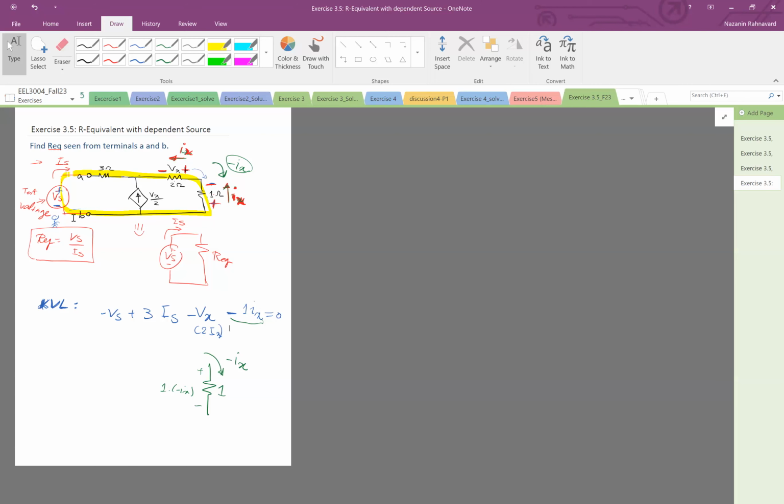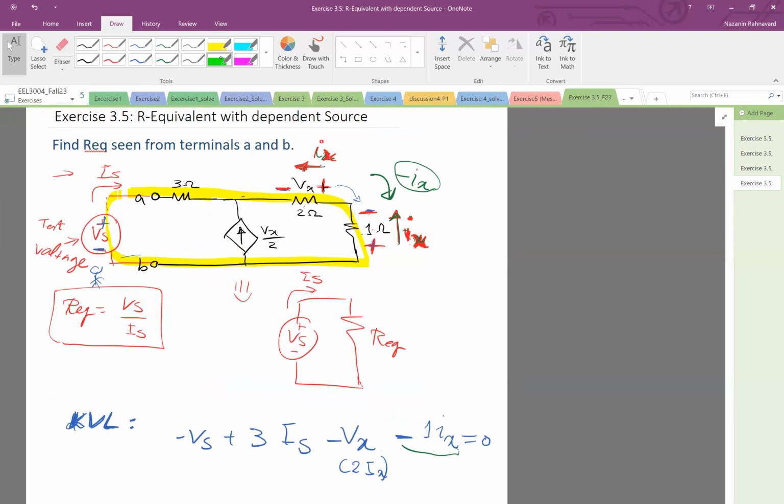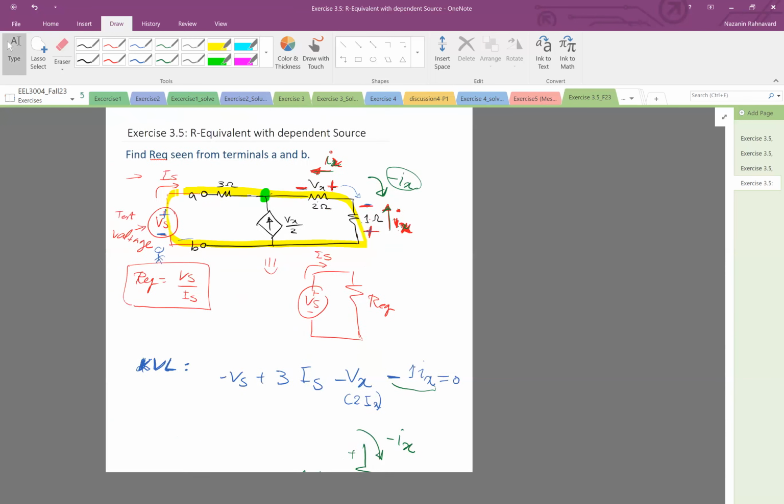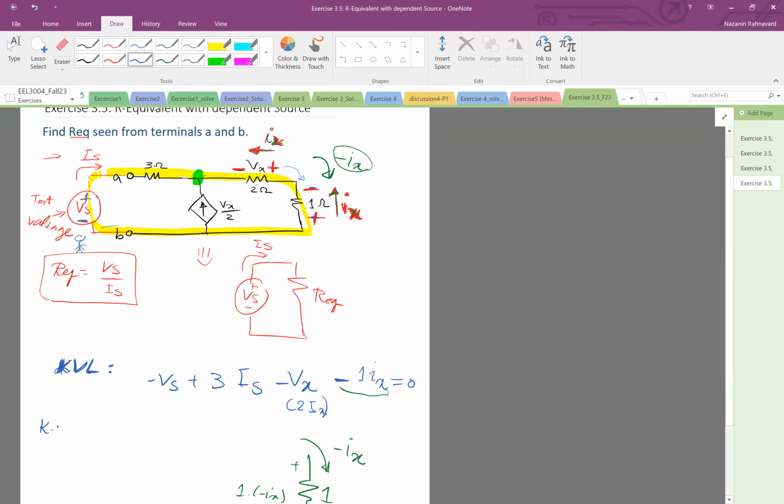Now let's look at the KCL. Because we have a current source, we could do a KCL here, at the green point. Okay, it was on the yellow. KCL: the summation of the current going out equals 0.